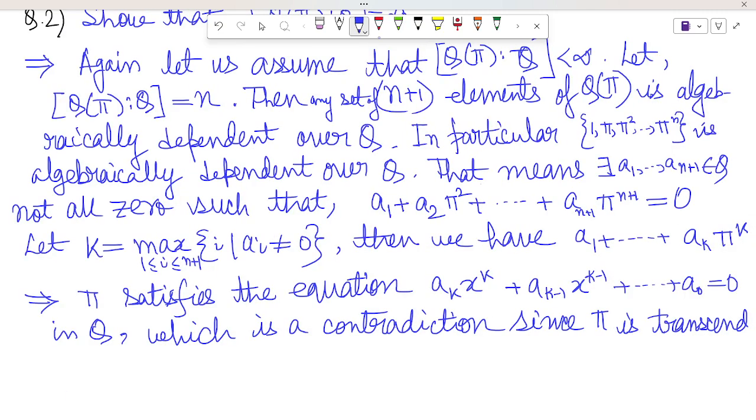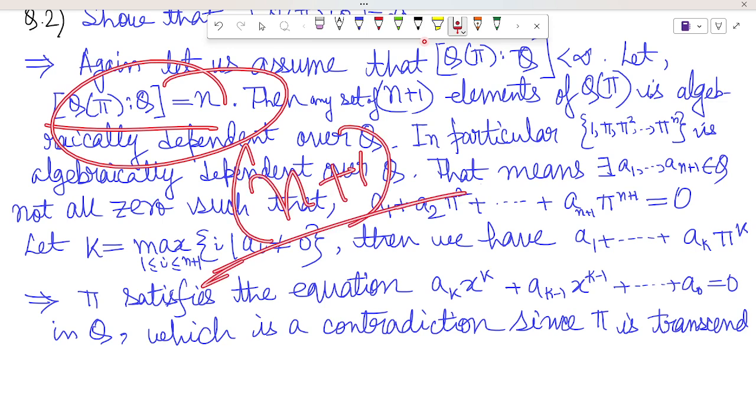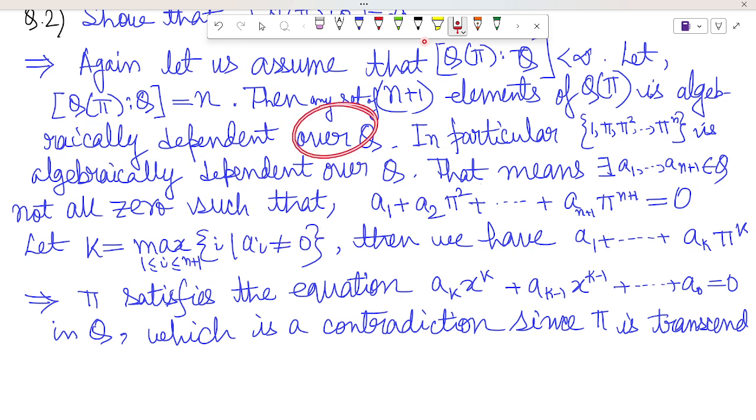Okay. So what was my proof? Suppose this is n. So I take any n plus 1 elements of Q(pi), they are algebraically dependent over Q, because it is a vector space theoretic argument: if I take any set of elements whose cardinality is more than the basis, then they will be linearly dependent. So I will get a set of coefficients, not everything 0, such that they satisfy this.